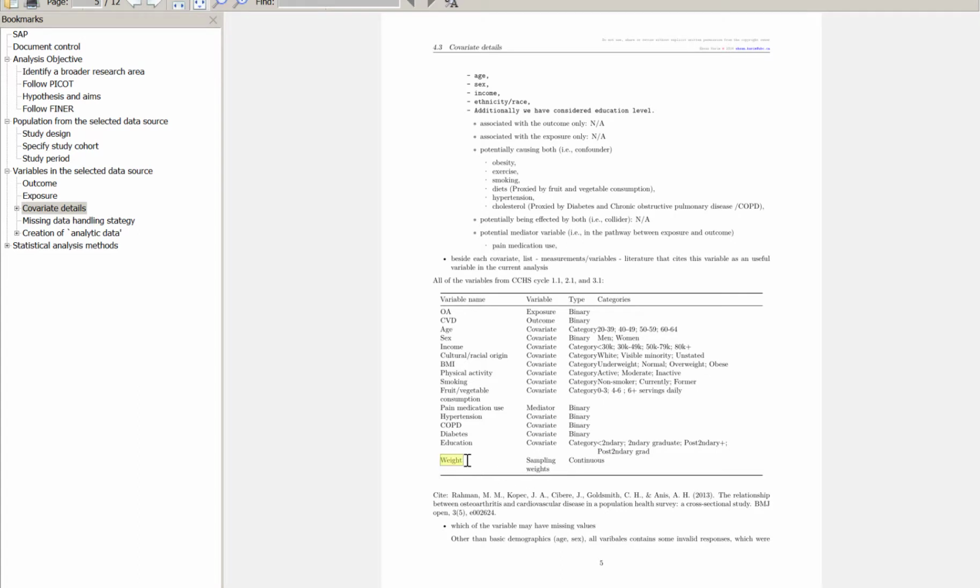So in terms of CCHS data, one thing that should be known to all of the users is that the CCHS dataset does not give you any information about the strata or cluster. It only gives you the information about the sampling weight.